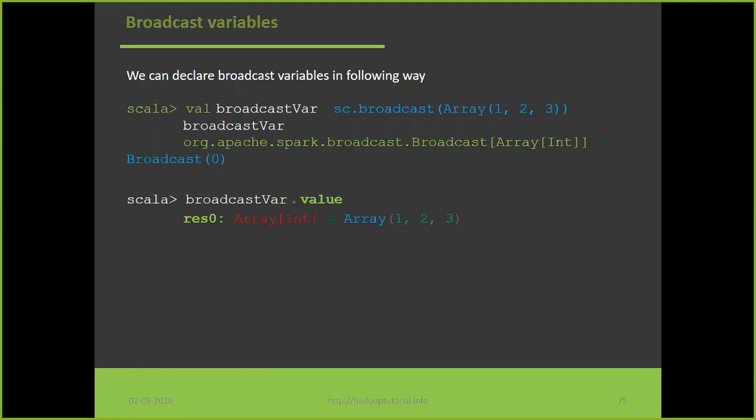The only thing is that it should be small enough to fit into your RAM. In your real-time clusters, you may go up to hundreds of MBs, but may not be more than a GB or so. Maybe a couple of hundred, or up to max 500 MB or so, because that much memory you are occupying on the RAM of each of the worker nodes.